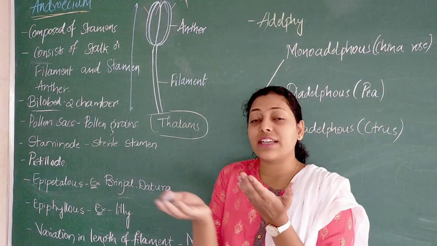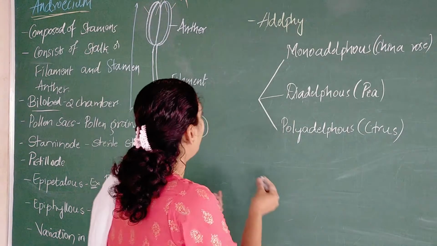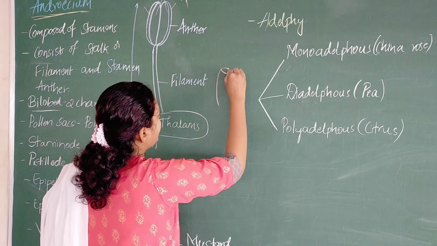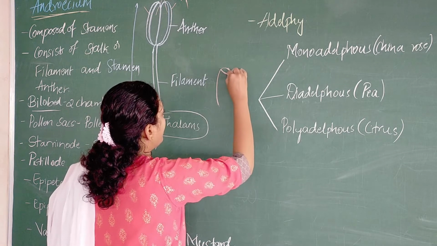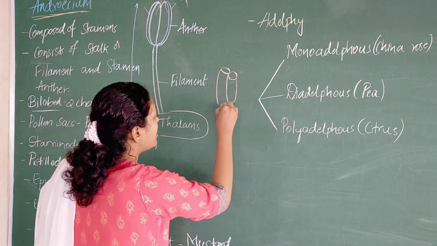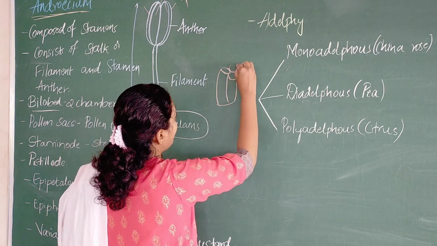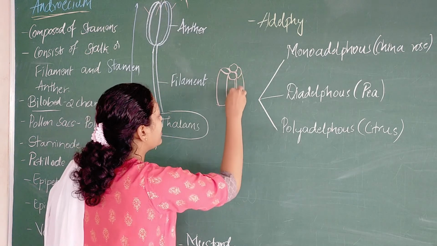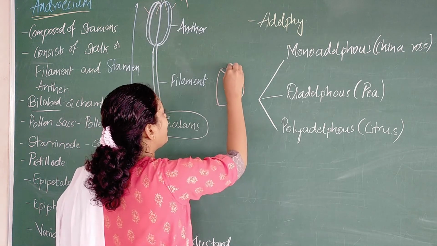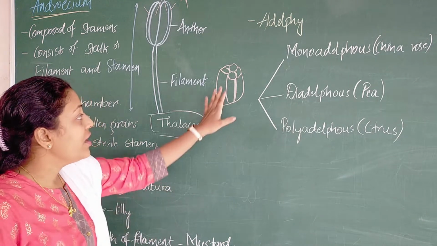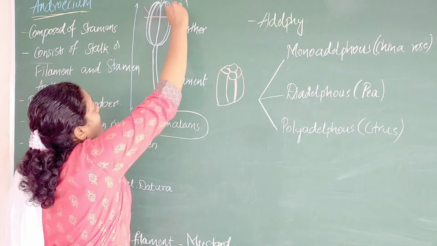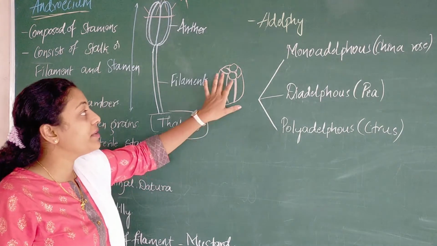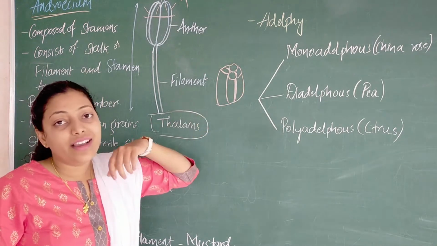When you take a cross section, I'll just draw roughly. This is one lobe, this is the other lobe, this is in the middle. You can just have a rough imagination. When we take a cross section of this anther, we usually see 4 chambers: 2 chambers in one lobe, 2 chambers in the other lobe.